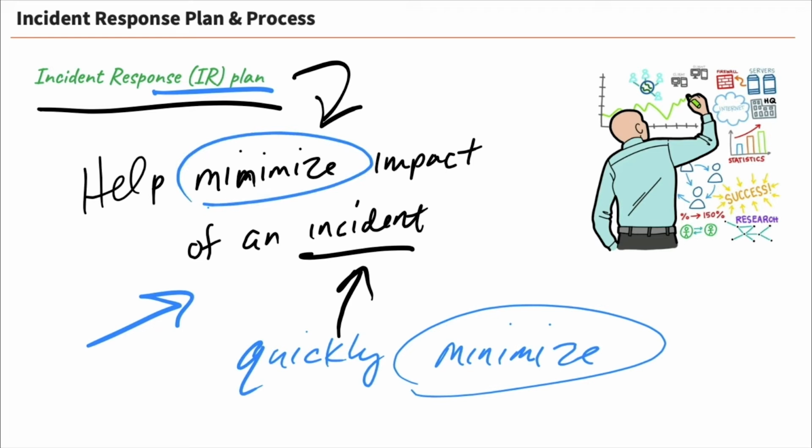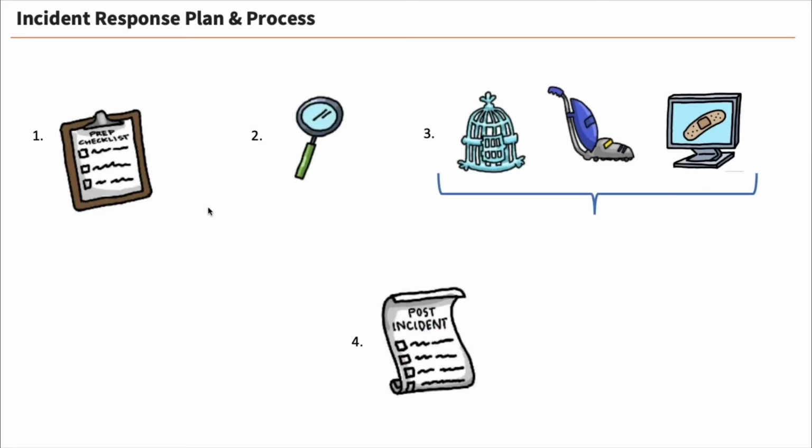Now that we know what a plan's there for, let's talk about the incident response process and what's involved in dealing with an incident. Well, number one within the incident response process, or we call it IR process, is being prepared. And you see here we've got a prep checklist. Well, how are you prepared for this? Well, you have things rolled out and ready to go, like antivirus or endpoint detection and response, some type of endpoint protection.